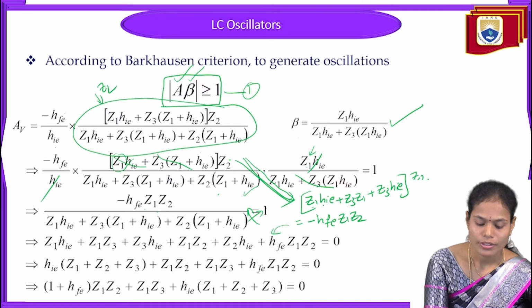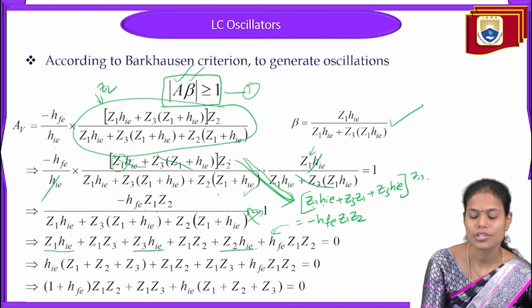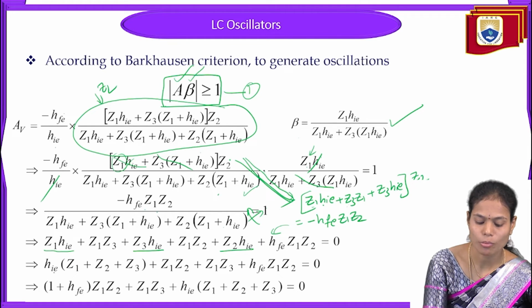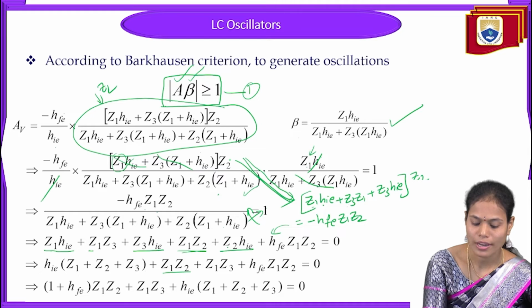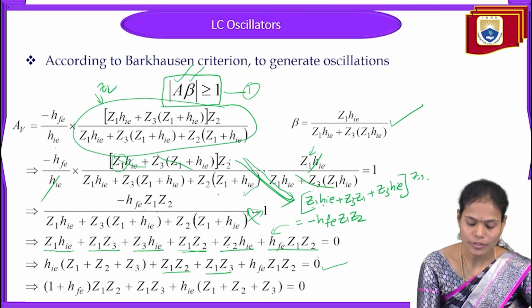Now see the HIE terms: HIE here, here as well as here. Take HIE common: HIE of Z1 plus Z2 plus Z3, plus this Z1 Z2 as it is, and this Z1 Z3 as it is, and this HFE Z1 Z2 also as it is. And again see the Z1 Z2 terms: the Z1 Z2 term is there here as well as here.